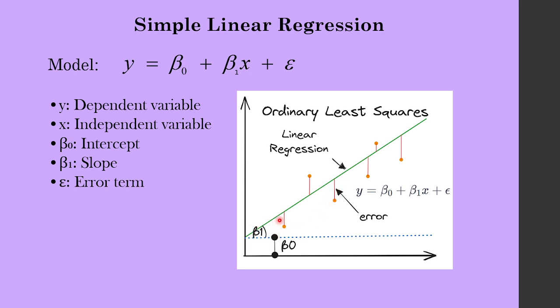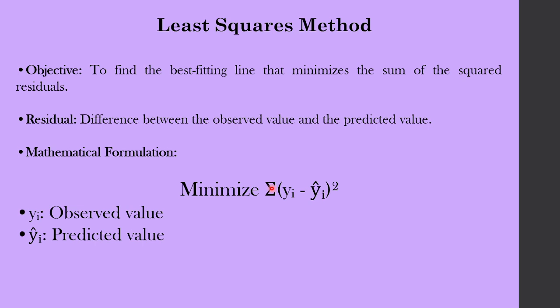Where the straight line intercepts the y-axis is called the y-intercept, and the slope of this line with respect to the independent variable is beta 1. When you fit the data, this slope will change until the sum of these error squares is minimum. We will look at that.